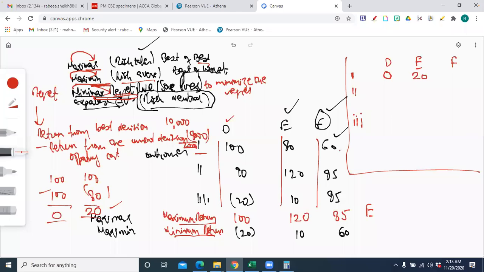But if it was scenario 1, and instead of choosing the best project, D, which could have given him 100, he actually chose F, what did he lose here? What's the regret? 40. See, that's how you calculate the regret one by one.